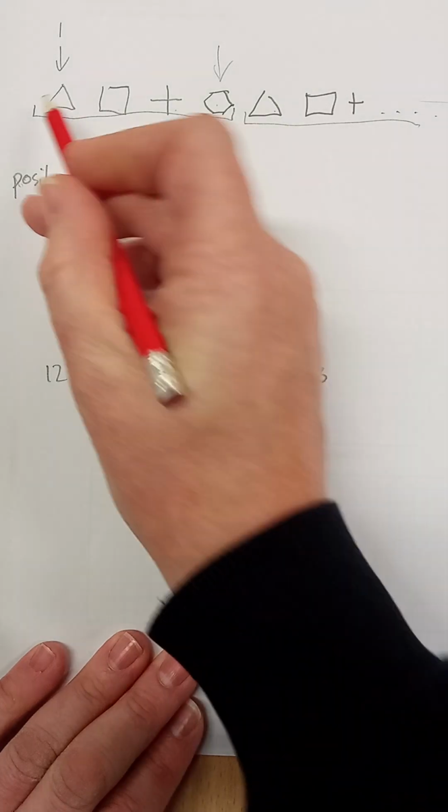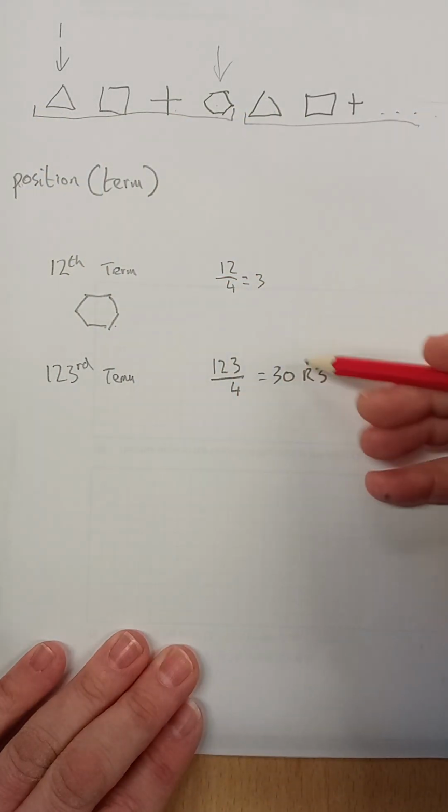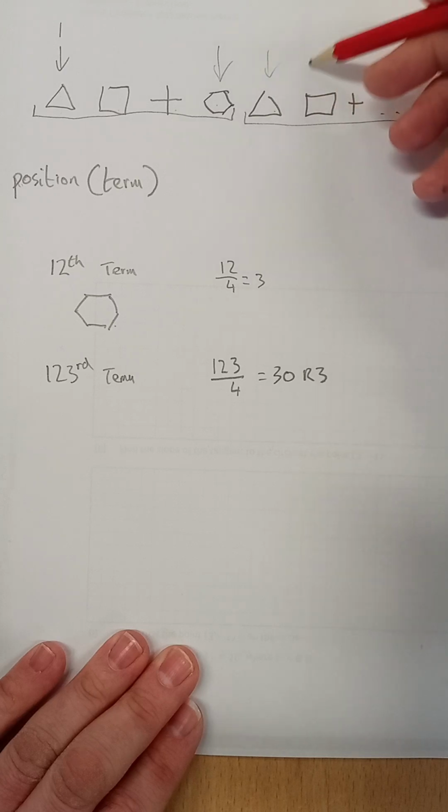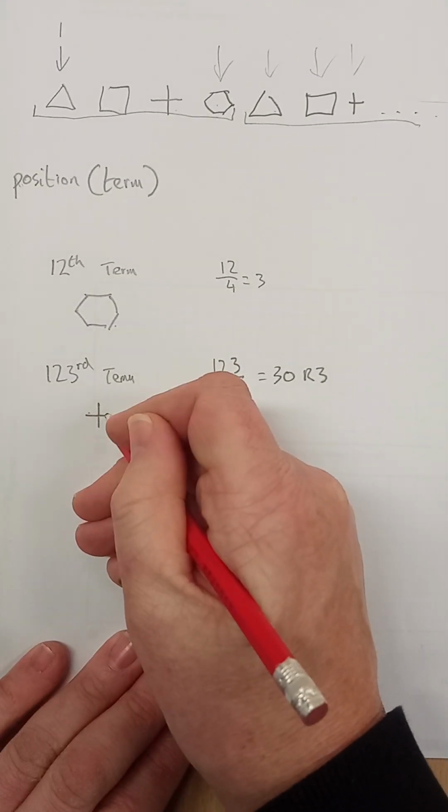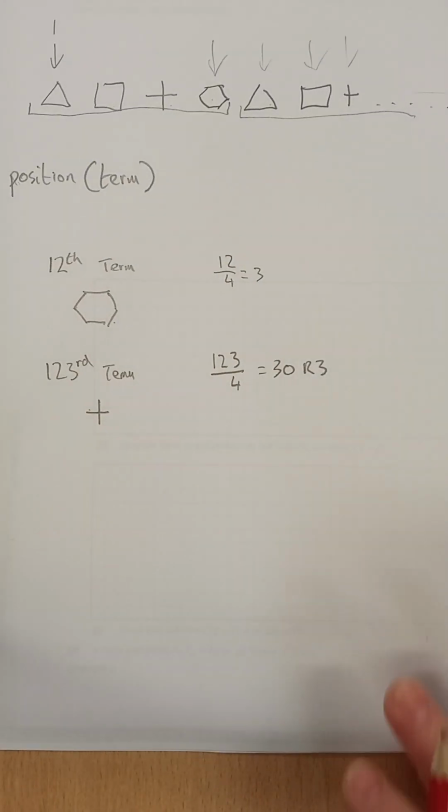So we do know there's 30 of these patterns and there's 3 extra ones, which means 1, 2, 3. So the 123rd term is indeed a plus. Okay, so that's how you do it if it's shapes. It's the easiest way to do it if it's a repeating pattern.